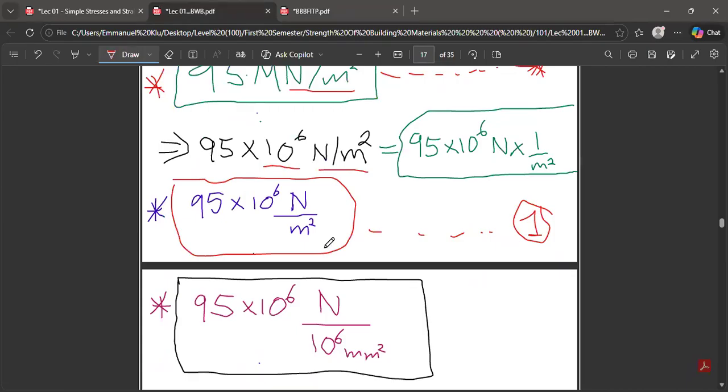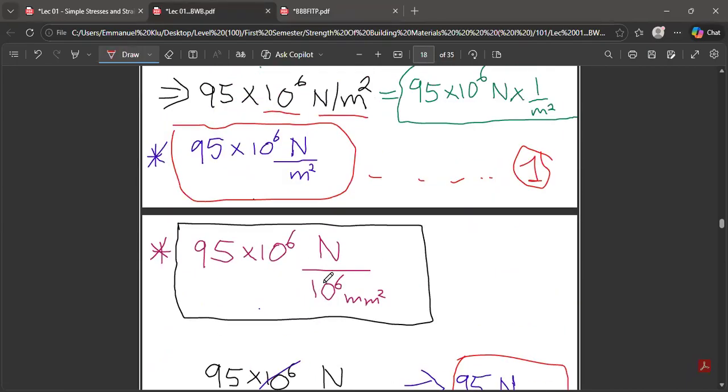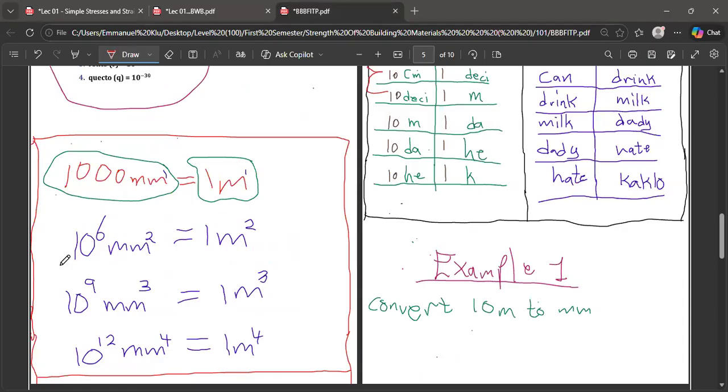So because of that formula, anywhere you see meter squared, how many millimeters can you put over there? You can put 1 million over there. Now, in this case, we saw 1 meter squared.